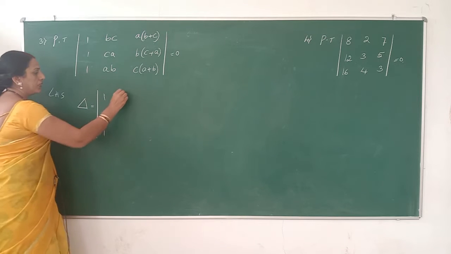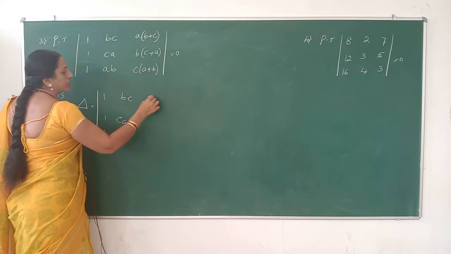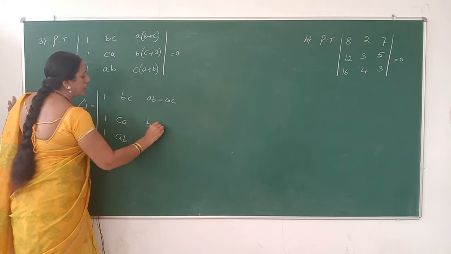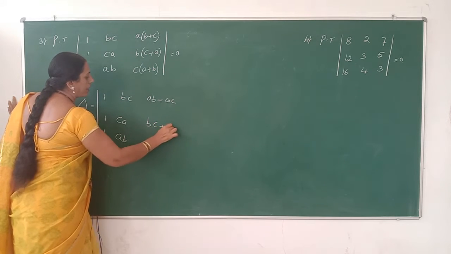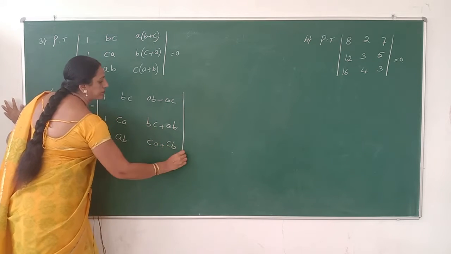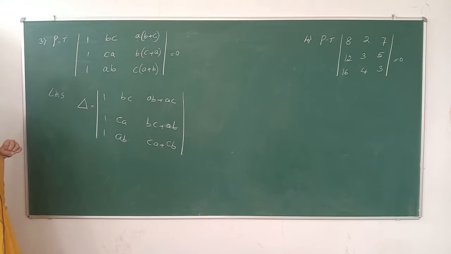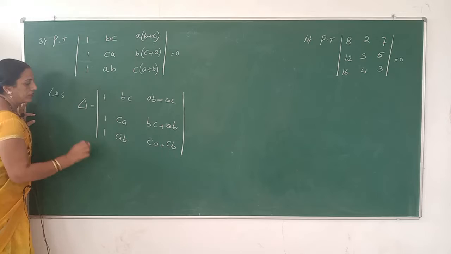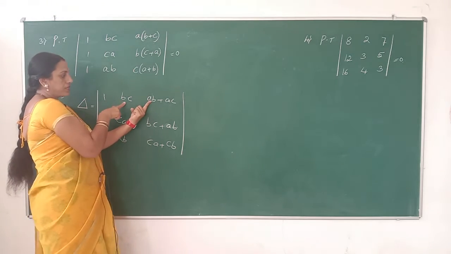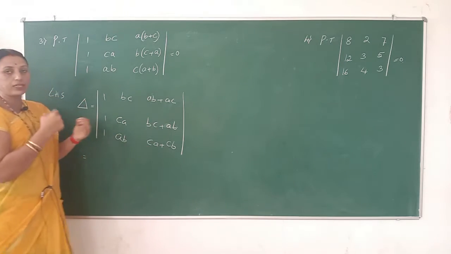The columns are 1, 1, 1; BC, CA, AB; and the third column can be distributed: the first element is AB plus AC, the second element is BC plus BA, and the third element is CA plus CB. Once the distributive property is applied to the third column, we get these sums. Are the same types of elements also represented in the remaining two?